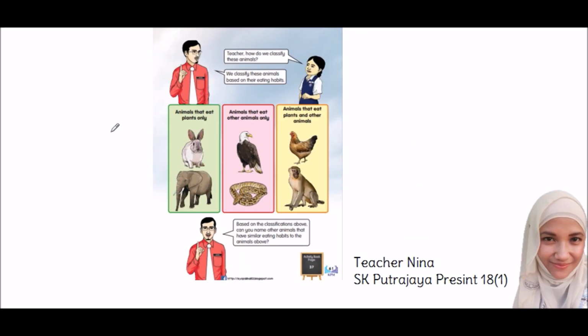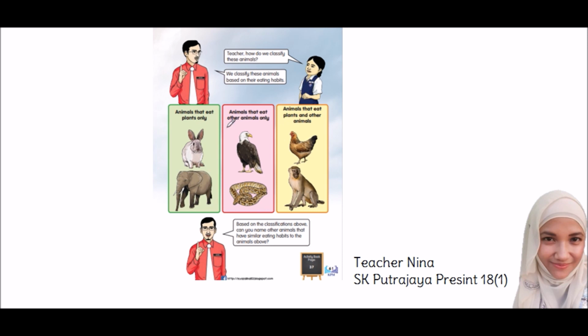Now let's look at the next page. From the previous activity, we have actually done a classification of animals based on what they eat. We classify the animals based on their eating habits. The first group of animals are the ones that eat plants only, and they are the rabbit and the elephant.